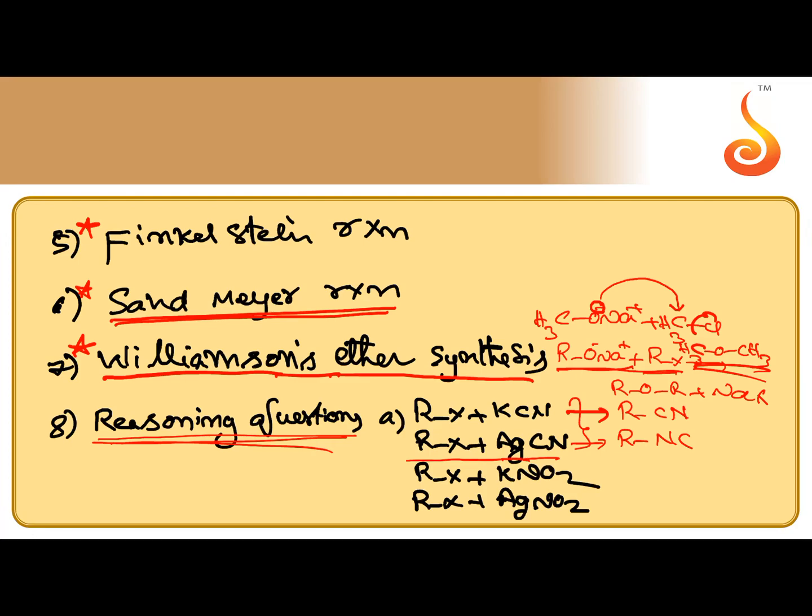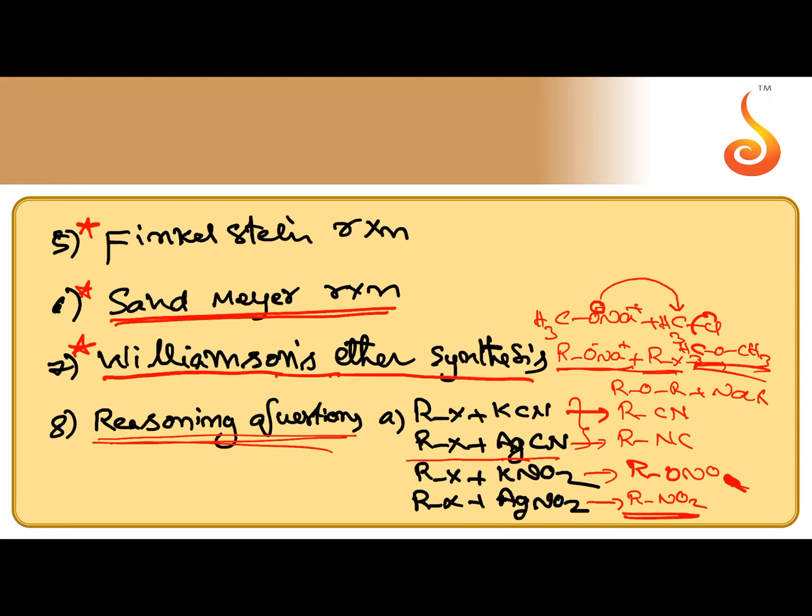Same type of question. Alkyl halide reacts with potassium nitrite to give alkyl nitrite as major product, while the same alkyl halide reacts with silver nitrite to give nitroalkane as major product.